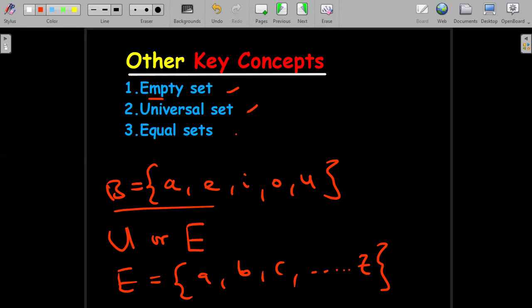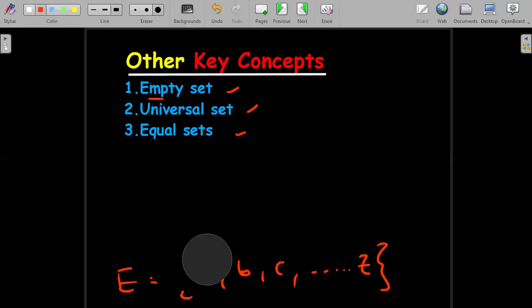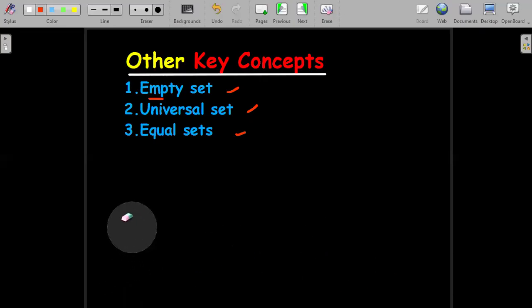Then the other key concept one has to look at, as we come to the close of this lesson, is equal sets. Two sets are said to be equal.